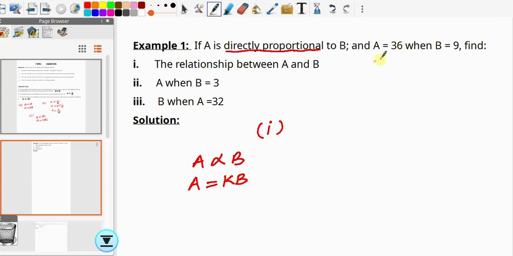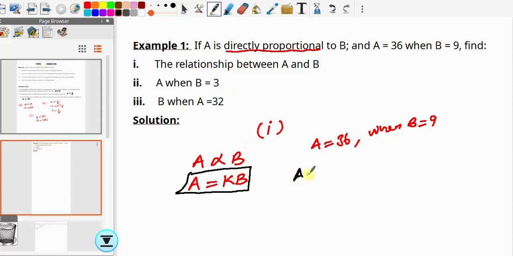Then you come here, we see that the value of A given is equal to 36 when B equals 9. Now let's substitute this value into our equation for us to get our K as a constant value.